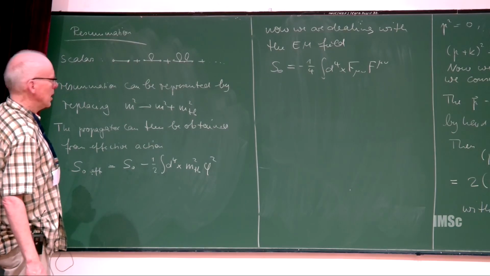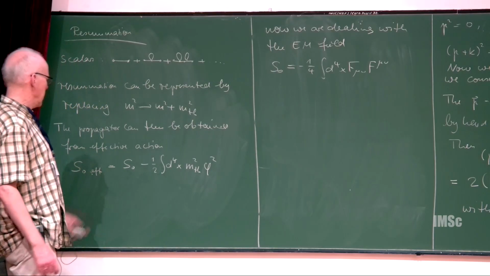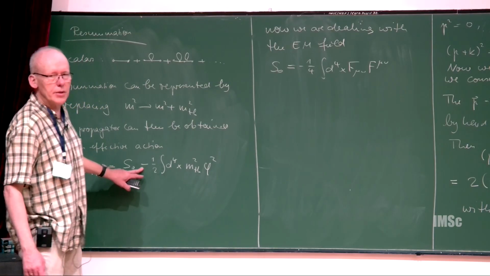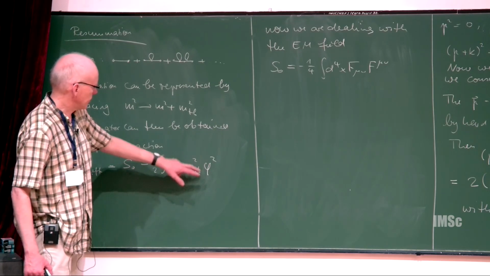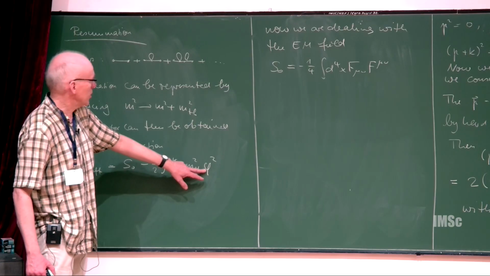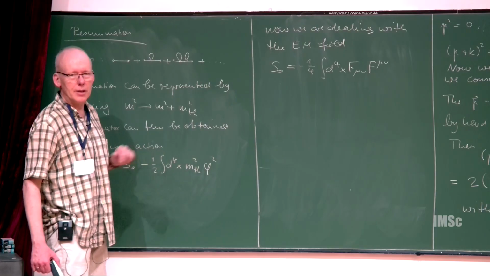And now, how do we represent the hard thermal loop? Basically the same structure. We put in two fields, in this case two vector potentials, and then here the hard thermal loop.